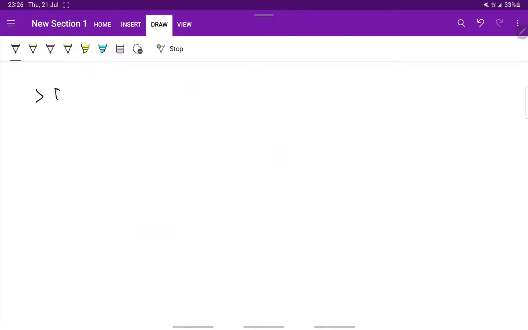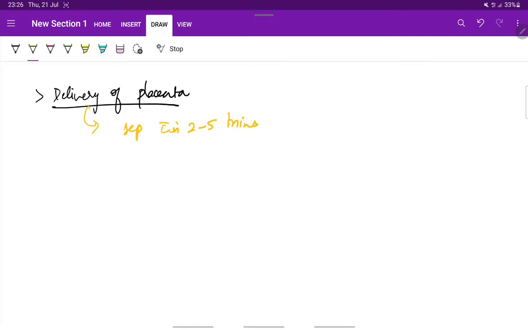Now coming to the delivery of the placenta. Usually the placenta gets separated within 2 to 5 minutes of the birth of the baby.